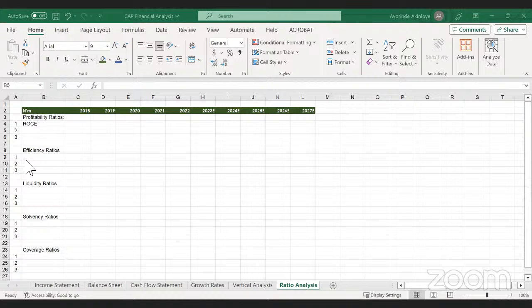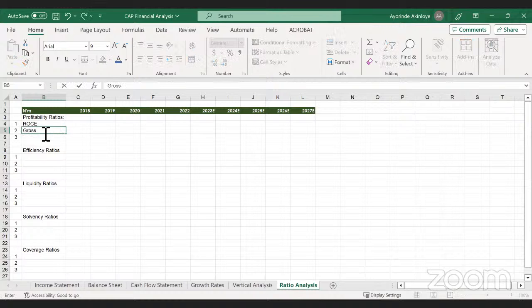Asset turnover, that's under efficiency ratios. ROE, ROIC. Someone mentioned gross profit margin, and return on equity. For efficiency ratios, someone mentioned asset turnover.